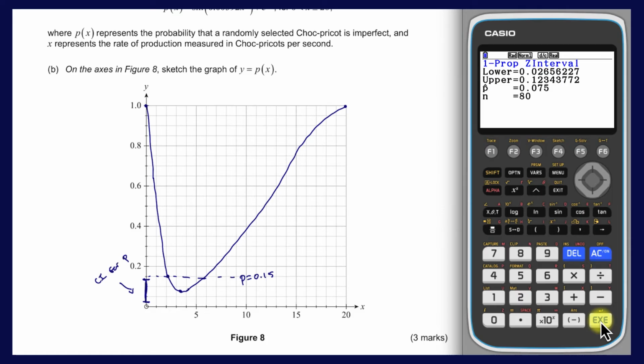Now, what values of x would give such an interval? Well, if we think about our upper bound of that interval, anything between those 2 points would return something that is either 0.123 or less, not as low as 0.02, that won't occur, but anywhere in there will occur based on the confidence interval we've been given. So now we need to know the endpoints of such a thing. So in fact, it's back to our graph.